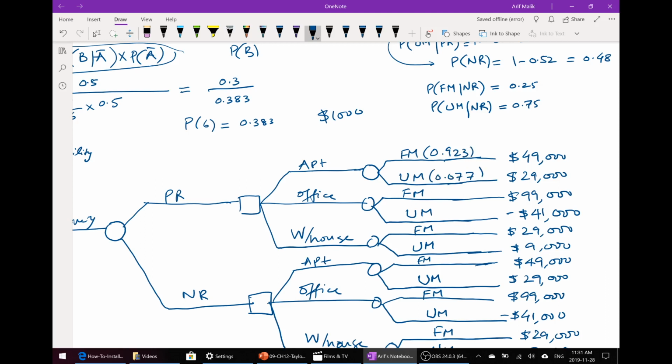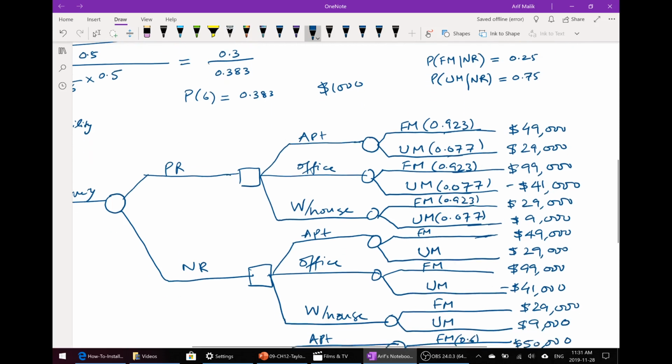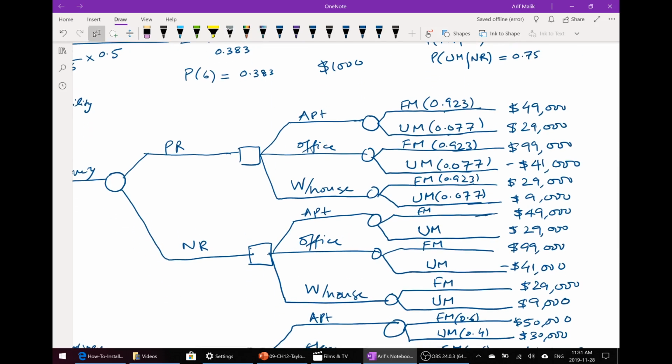This will be the same: 0.923 and 0.077, and 0.923 and 0.077. And then what is the probability of favorable market given the negative report has come?